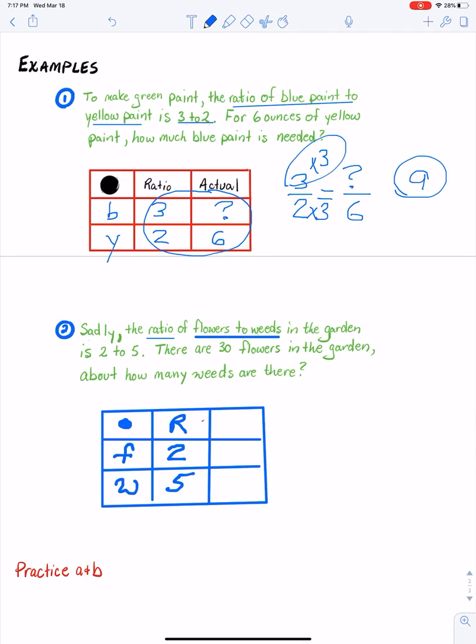Last column is the actual large group. So it says, in my second sentence, there are 30 flowers in the garden. About how many weeds are there? So they're giving me 30 for flowers. That goes here. Weeds, I don't know. So I put a question mark.